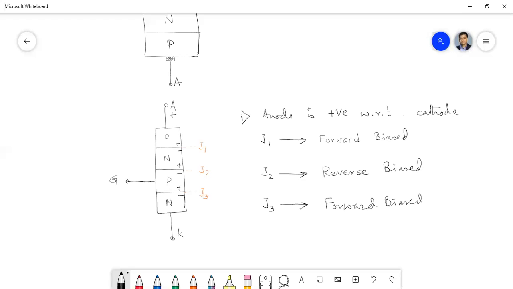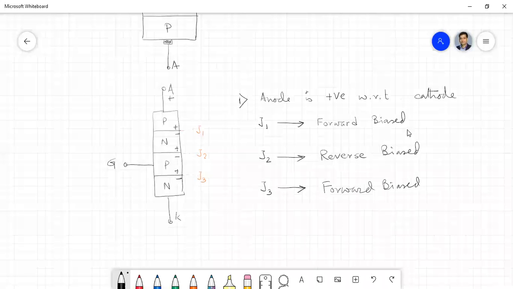But in a diode we have only one junction, whereas in this device we have three junctions, and out of these three, only two are forward biased and one is reverse biased. So in this situation also the SCR or thyristor will not conduct, because at least one junction is still reverse biased.